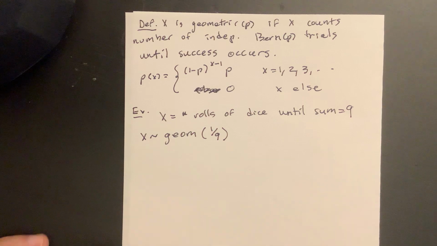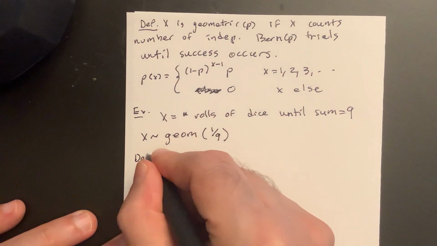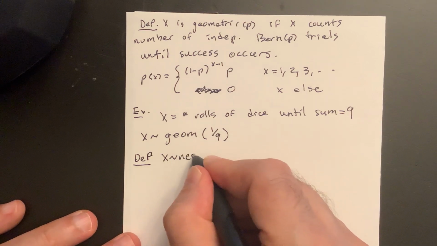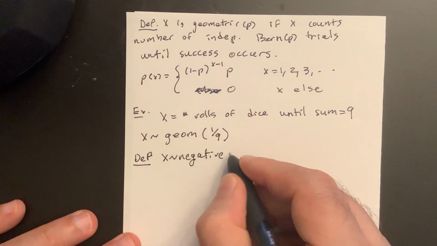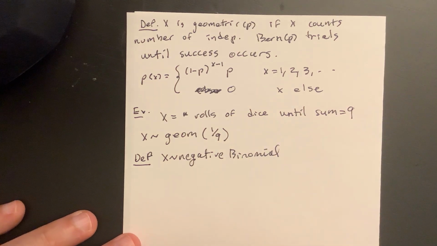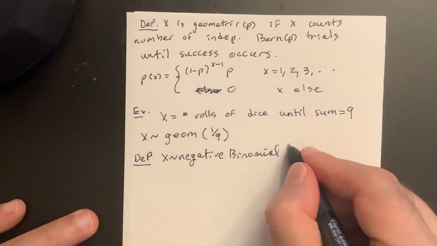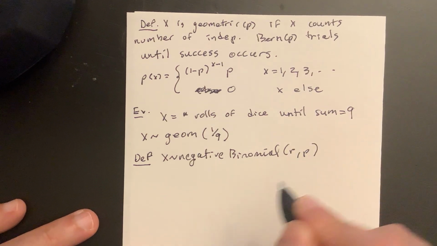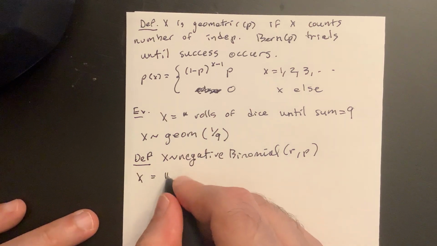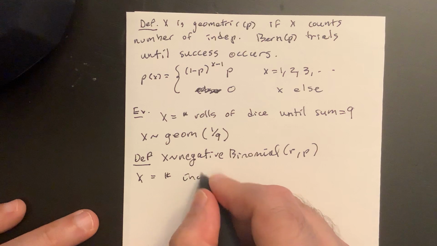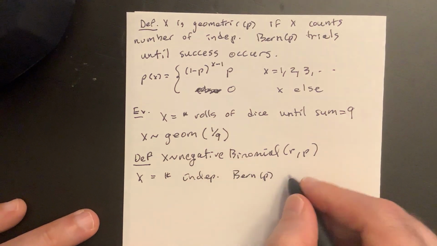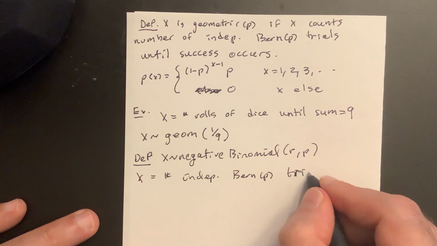Well, a superset of this one is the negative binomial. We can say X is negative binomial, and here we will use R and P. X is the number of independent Bernoulli P trials until, what do you think?